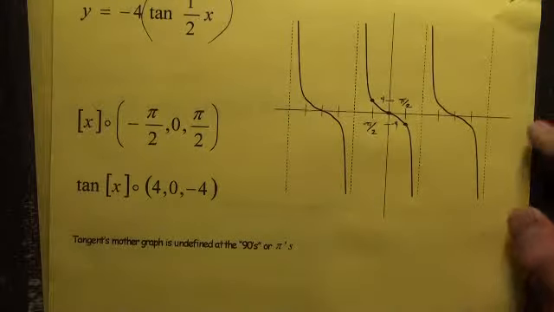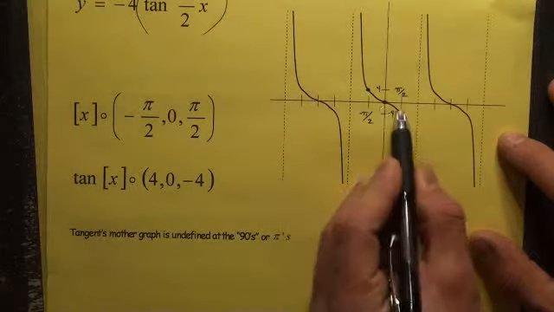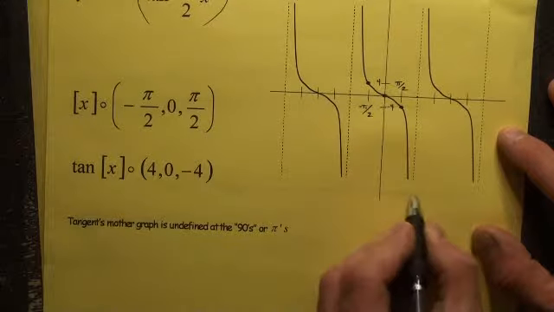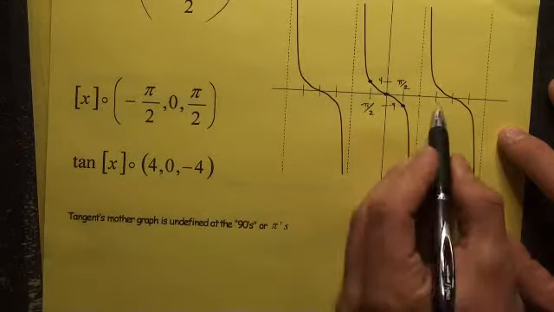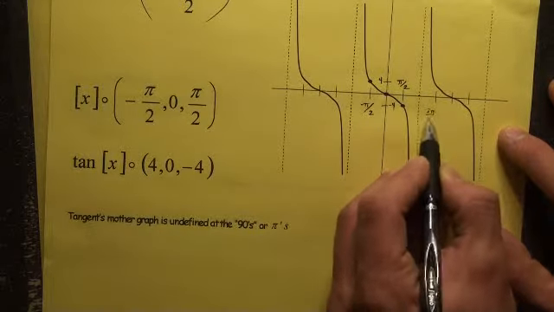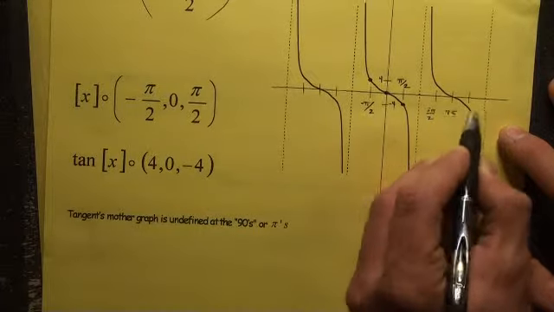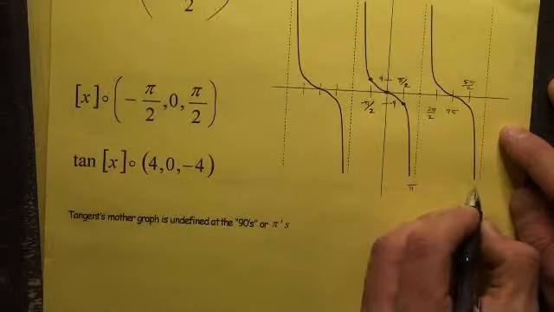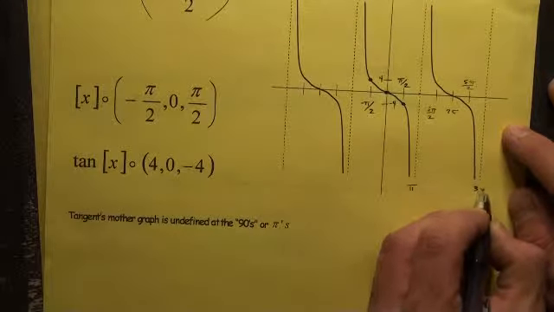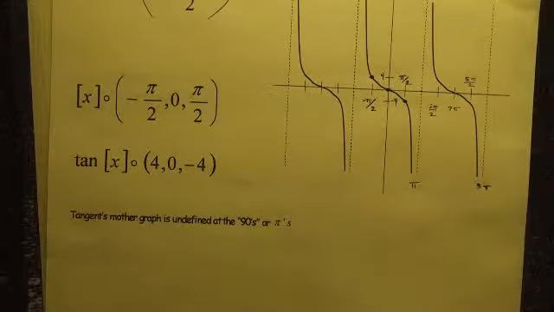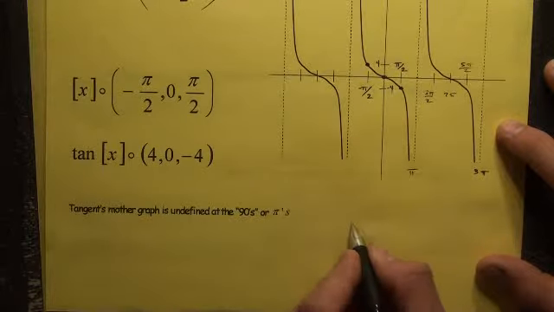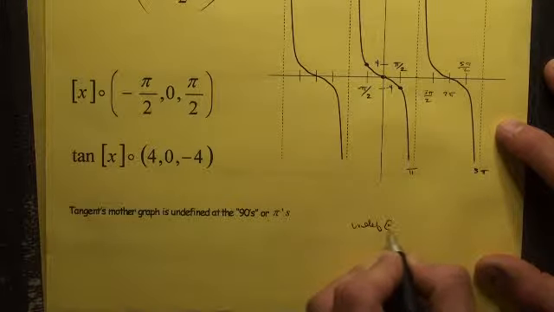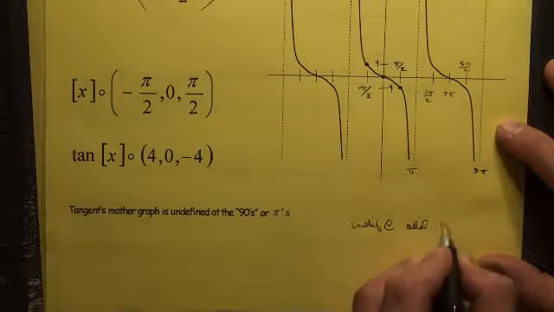So, nonetheless, we're working with 1 pi over 2, 2 pi over 2, which is pi, 3 pi over 2, 4 pi over 2, which is 2 pi, 5 pi over 2, right here. The next one is 6 pi over 2, which is what? 3 pi. So it looks like we're going to be undefined at the odd pi's.